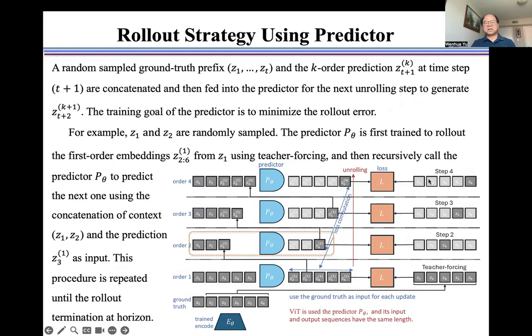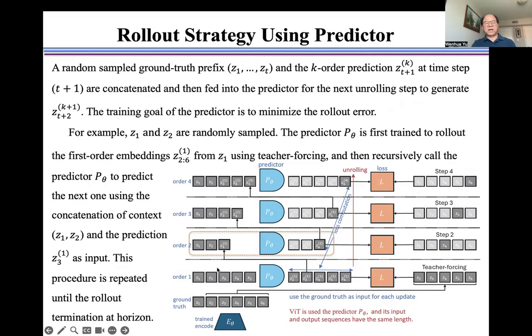And then recursively call the predictor P theta to predict the next one using the concatenation of context Z1, Z2, and the prediction Z3, 1 as input. This procedure is repeated until the rollout termination at the horizon, as shown here.